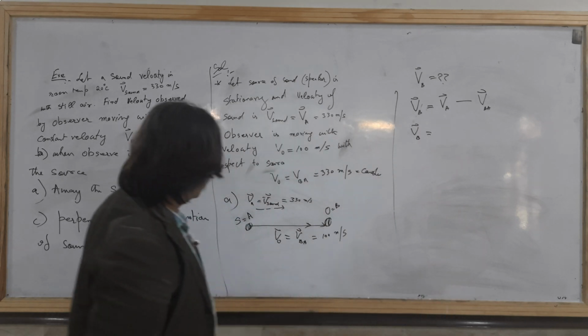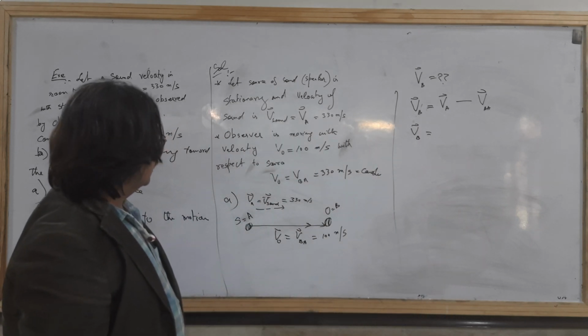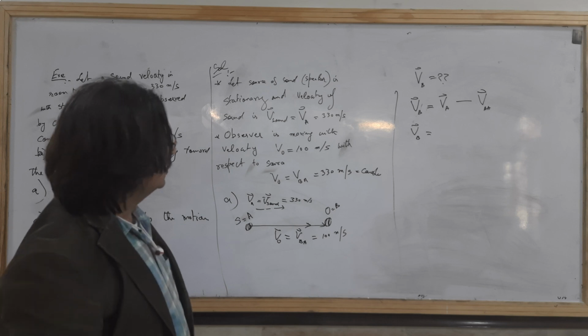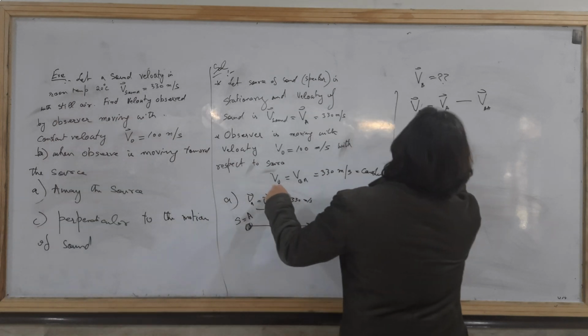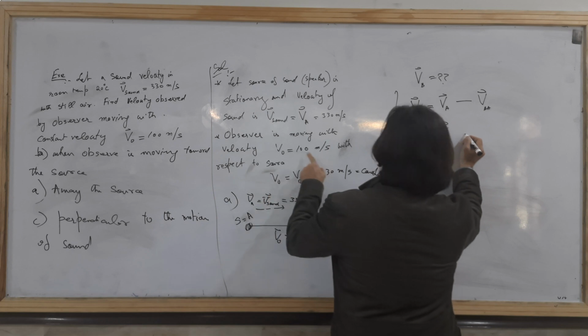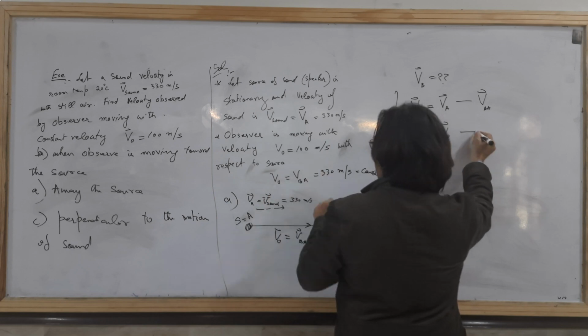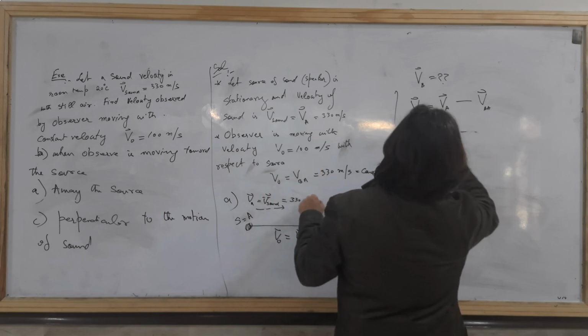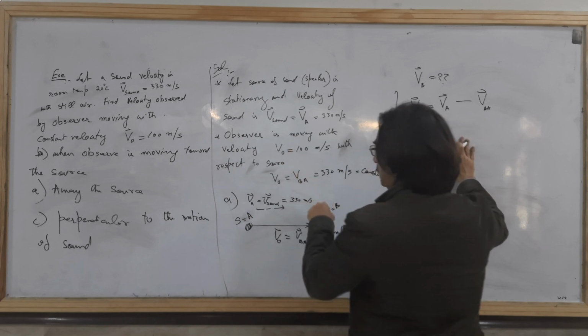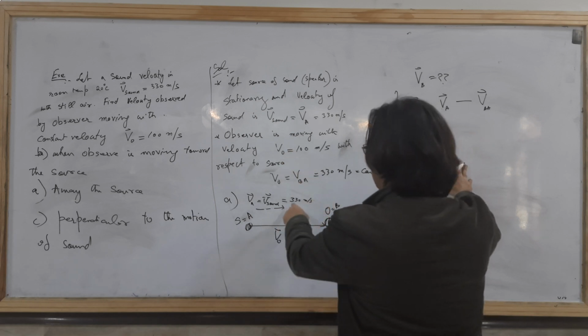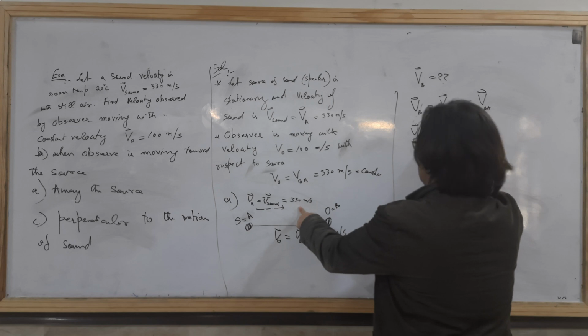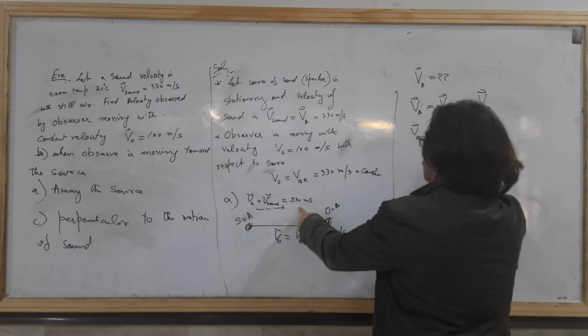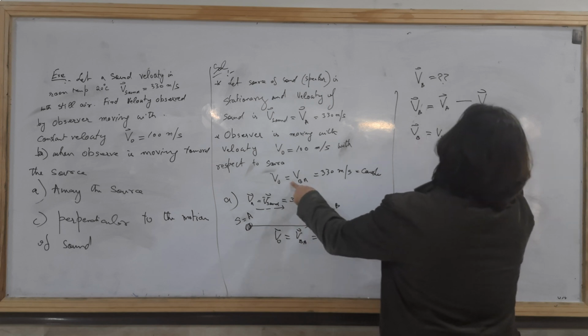Okay. VB, what will it be? That will be equal to V sound minus VO, sorry, VA is V sound minus VO.